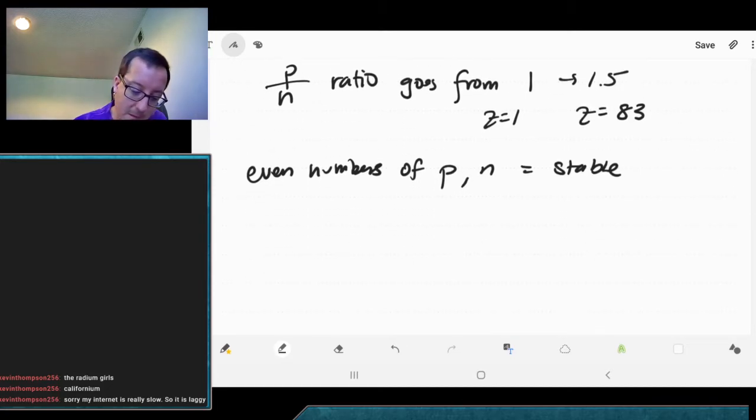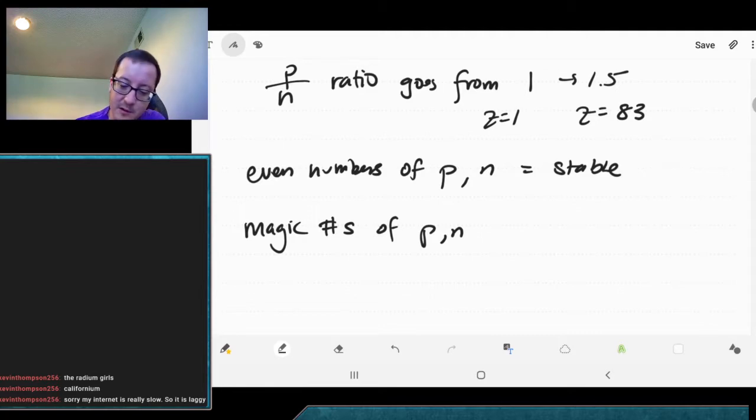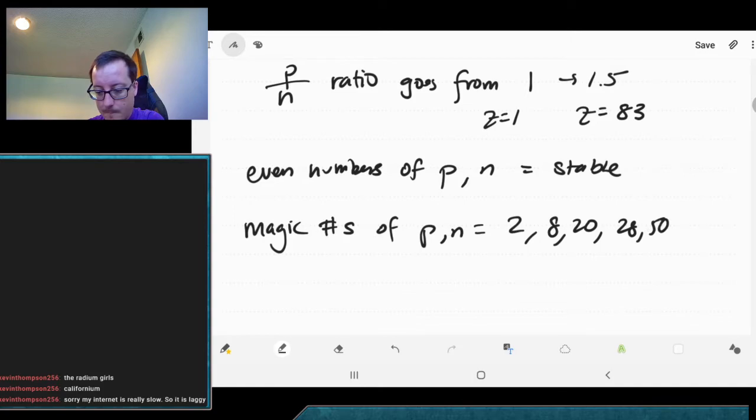We also see that there are magic numbers of protons or neutrons: 2, 8, 20. Okay, I need to look these up. 28, 50, or 82, yeah. So your lucky lotto numbers, if you are a nucleon, are the following.